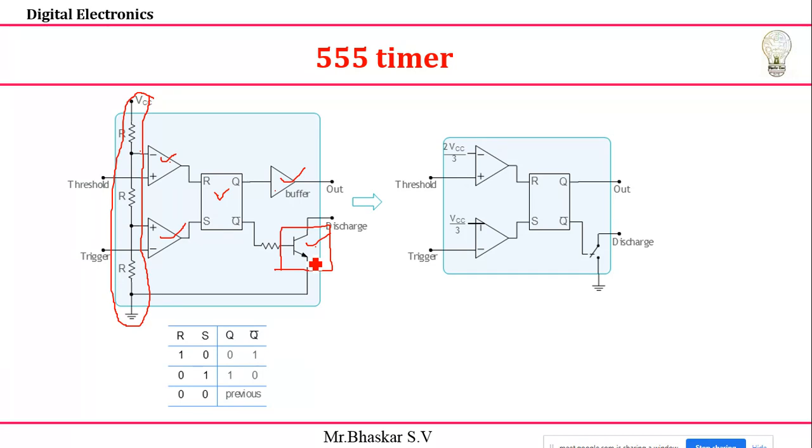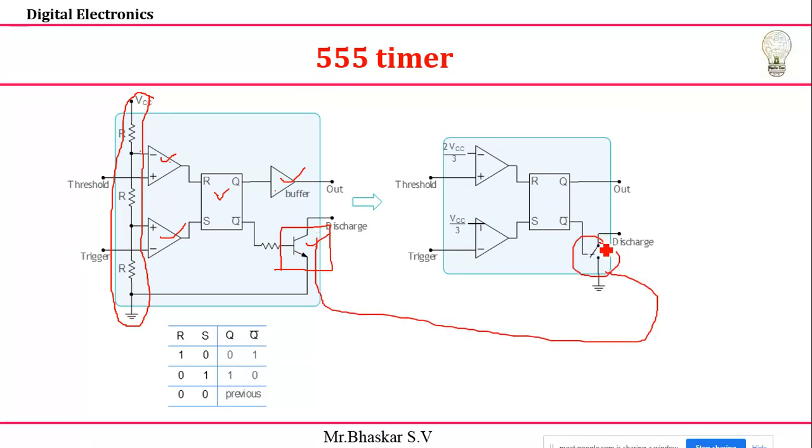The three regions of operation of a transistor are the cutoff region, saturation region, and non-saturation region. Here I'm going to operate my transistor in the cutoff region, where it acts as a switch. That's why I'm going to replace this with a switch.